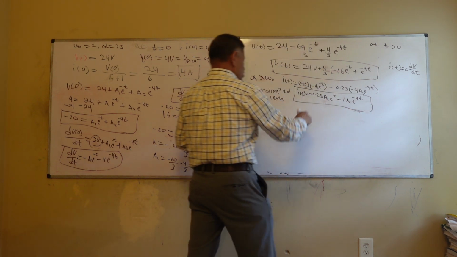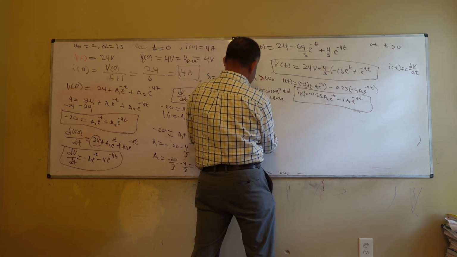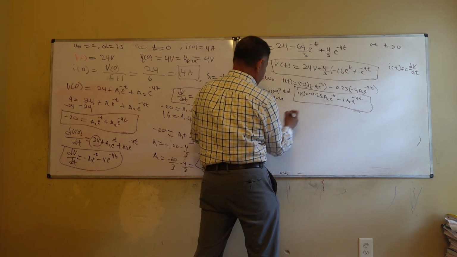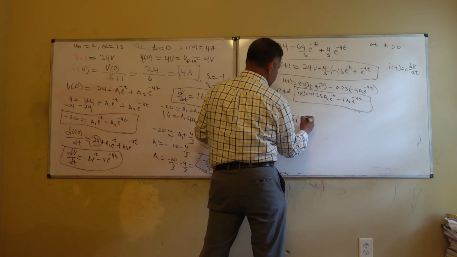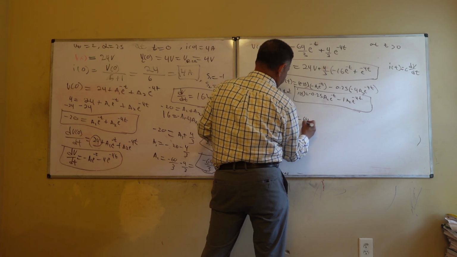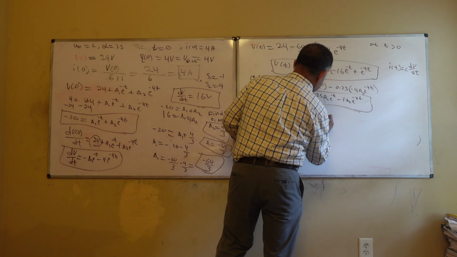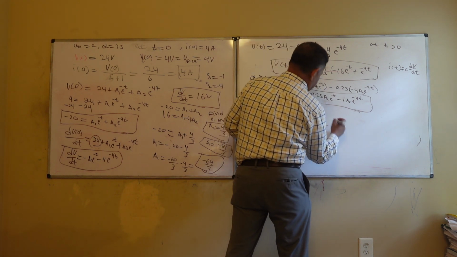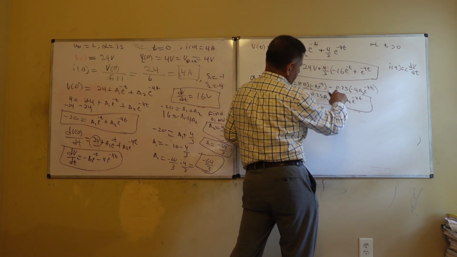Okay. So now I am going to replace I of t. I'm going to replace that 0.25 times negative 64 thirds, right? E to the t minus that guy, right?